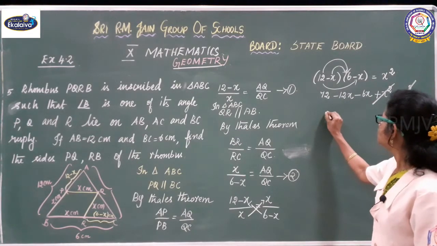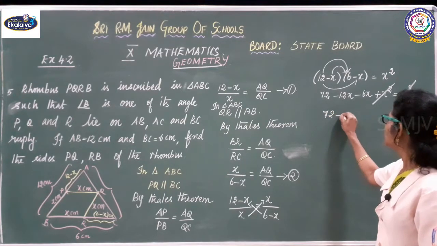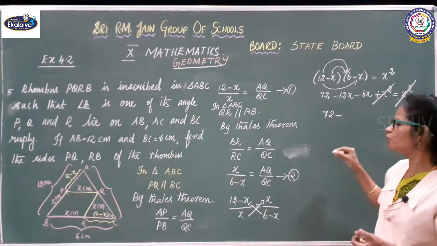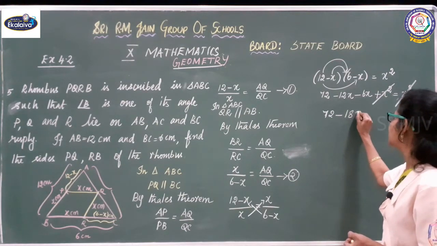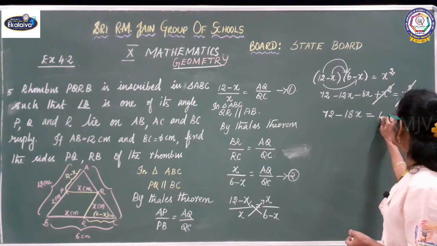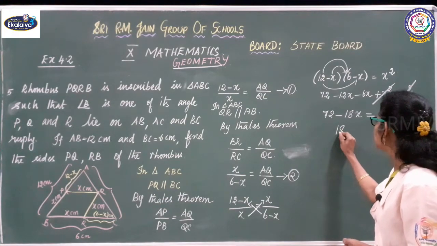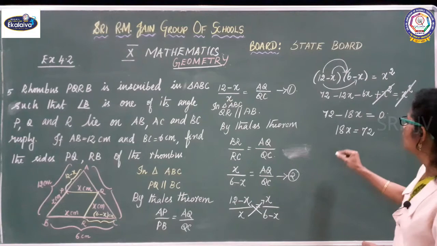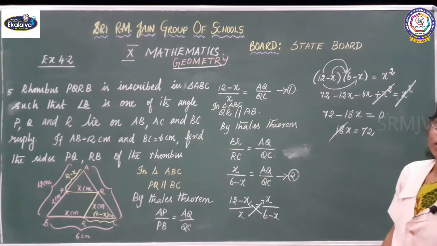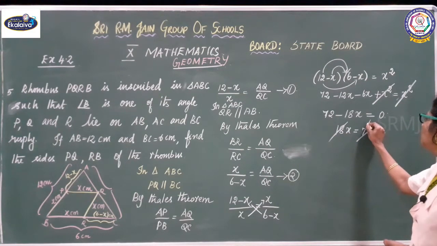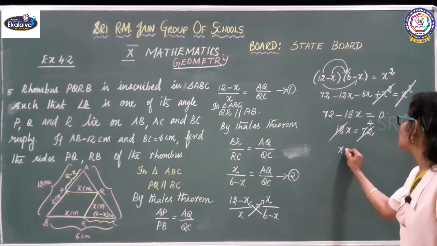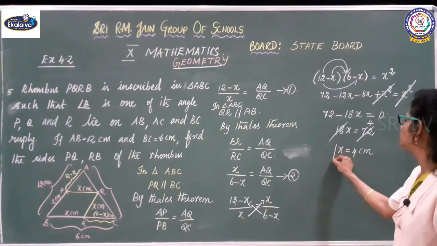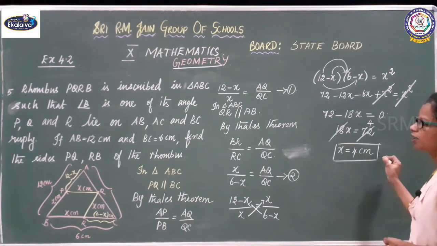Now, 72 minus 12x minus 6x, both are negative, add and put negative symbol, minus 18x equal to minus 72, so 18x equal to 72, right? Now, 18 ones are 18, 18 fours are 72. So, x is equal to 4 centimeter.